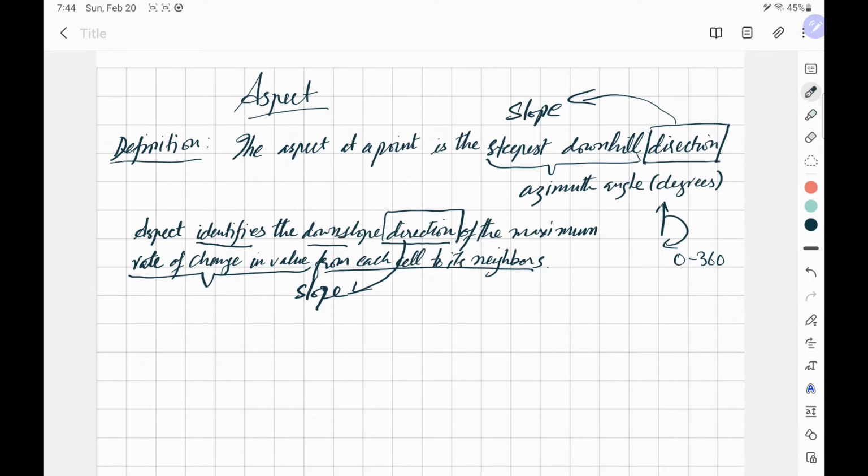So you can tell that it can be thought of as the slope direction.